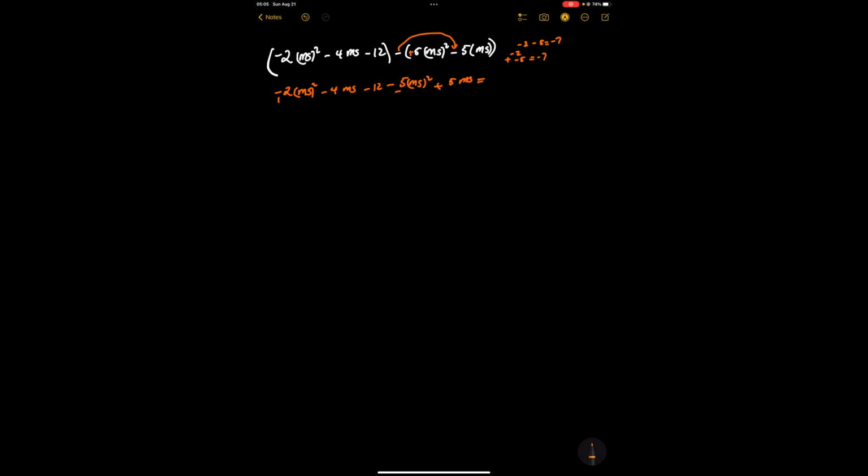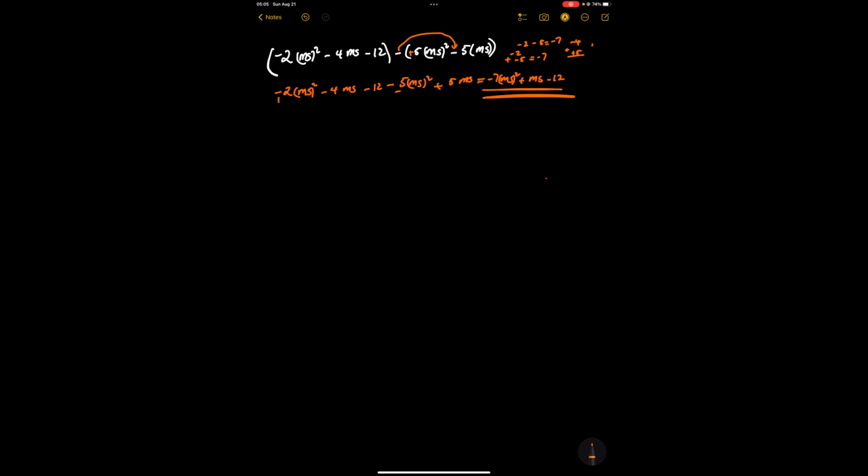So -2m squared minus 5m squared will be -7m squared. -4m plus 5, so that's 5 minus 4, which is equal to 1. So that will be plus m, and -12. That will be your answer for this horizontal format.